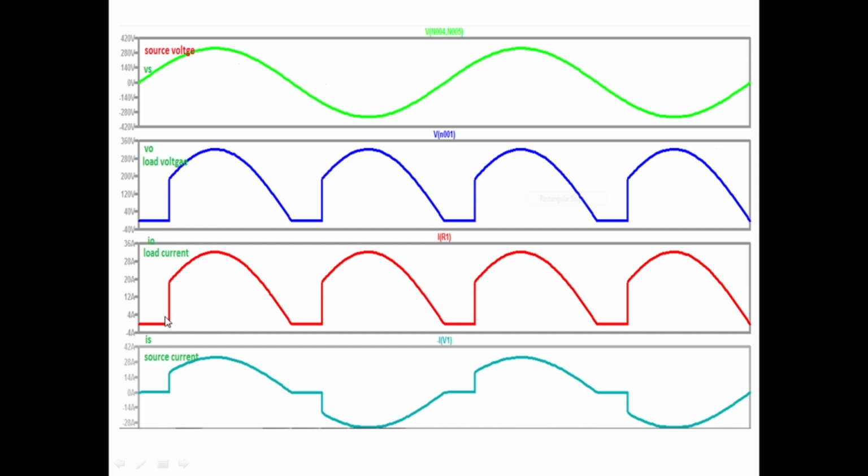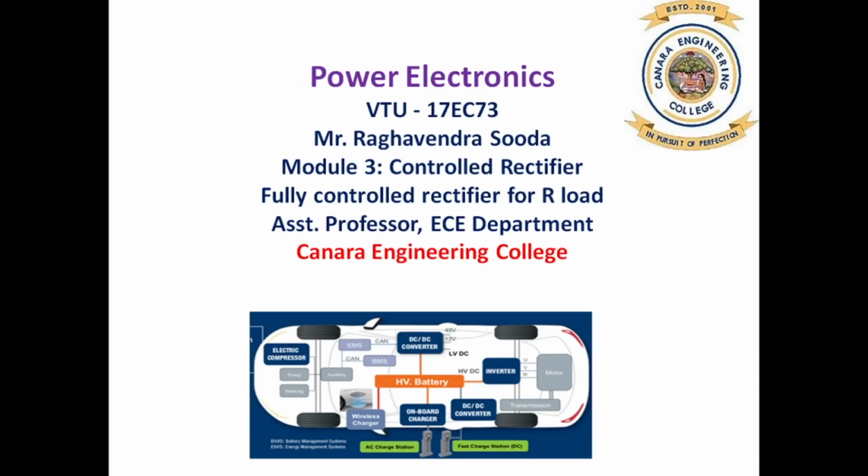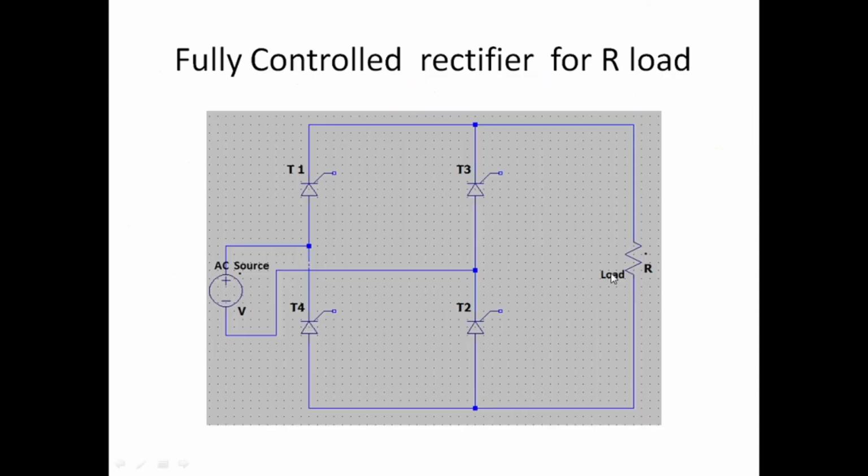Load current also starts wherever load voltage starts. Same waveforms, but magnitude wise it is showing somewhere around 325 divided by the resistance value we have chosen here. This value is 10, it seems.